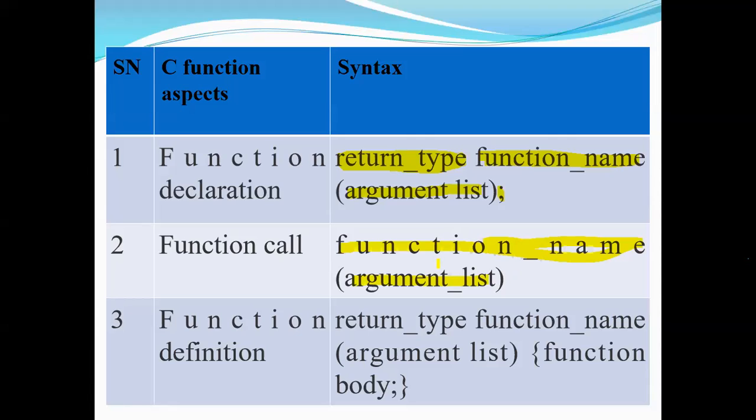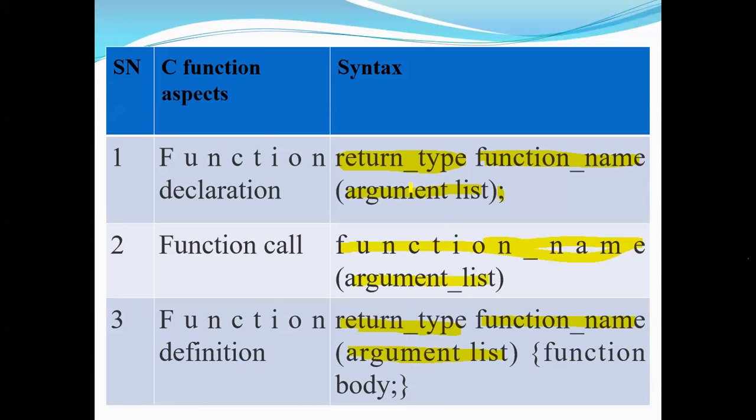For a function call there is no semicolon. It is the function name followed by the arguments in open and close brackets. Next, the function definition, that is the called function. In the function definition, first is the return type, then the function name, followed by open and close braces with the list of arguments. The defined arguments and the declared arguments should match: names can differ, but the type declaration should match.